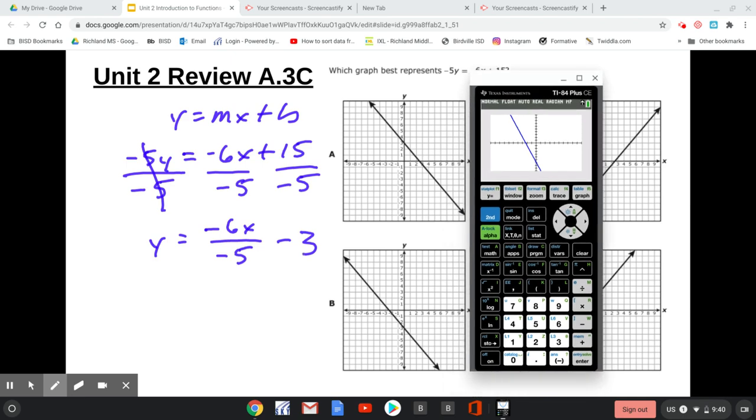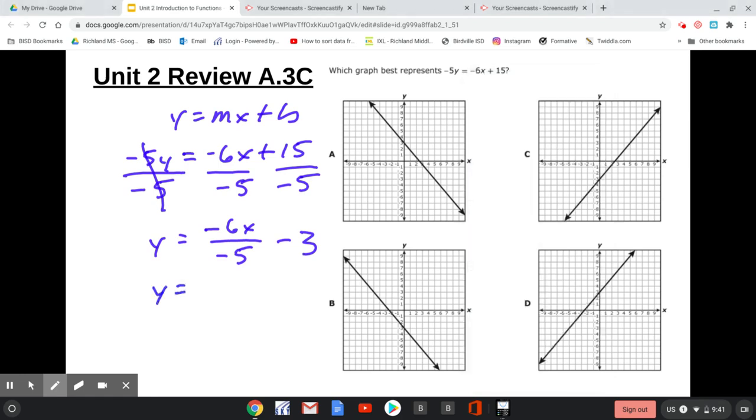I'm going to hit second, quit. And now I can put this in, and I'm going to hit negative 6 divided by negative 5. And I'm going to get a positive 1.2. So y equals 1.2x minus 3.